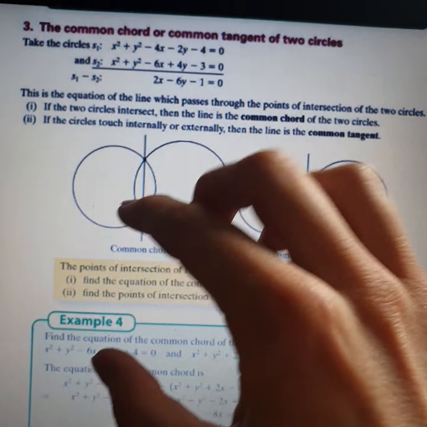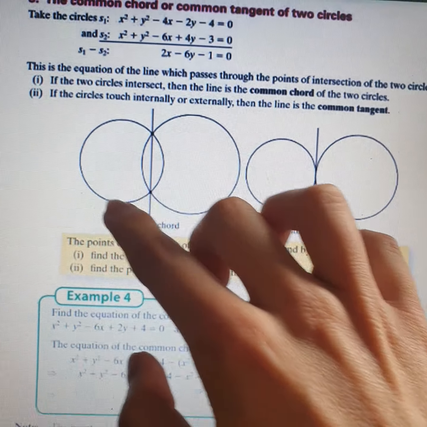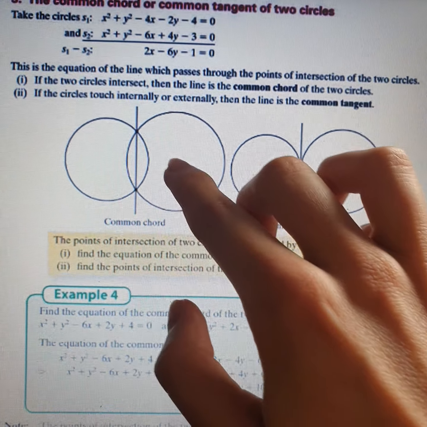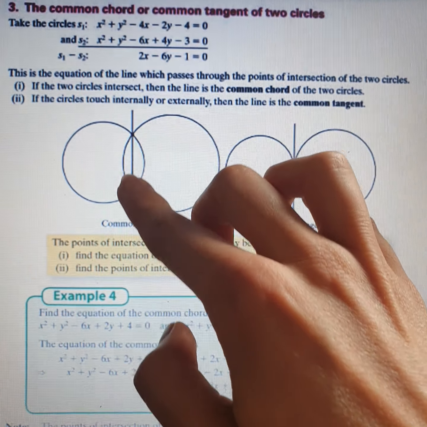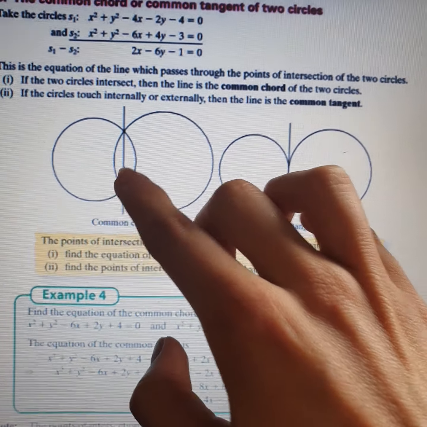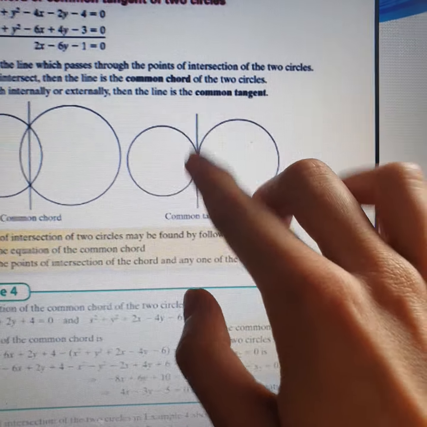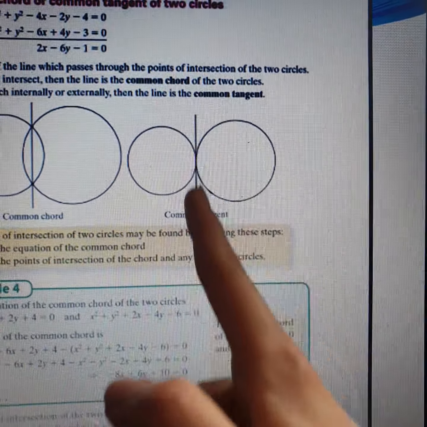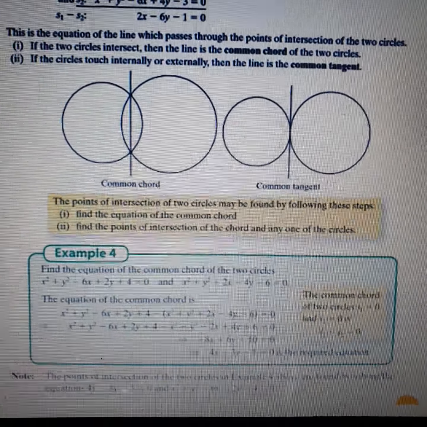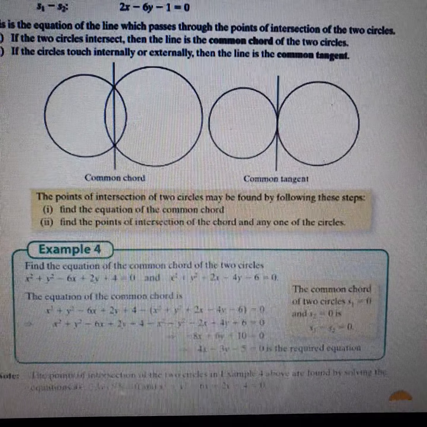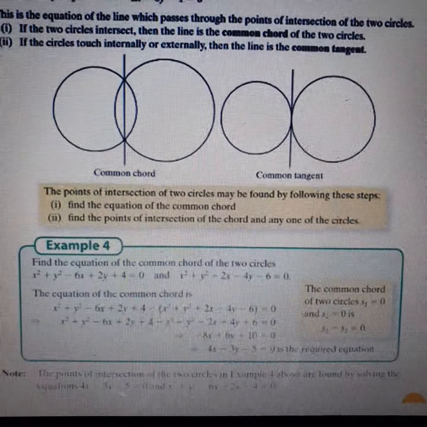So to refer back: if two circles intersect, the line that passes through the two points of intersection is called the common chord. Whereas if they touch internally or externally, so this would be externally, then the line that passes through here is called the common tangent.